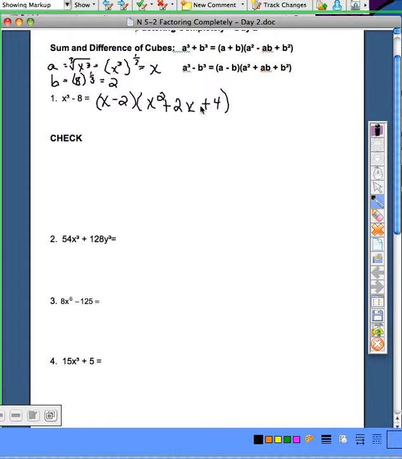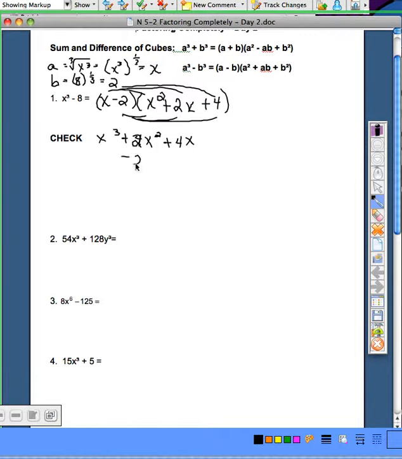To check it, we're going to distribute this x to each of these and multiply. So we're going to have x cubed minus 2x squared, plus 2x squared, and plus 4x. Now we're going to distribute the negative 2 to each of these elements.